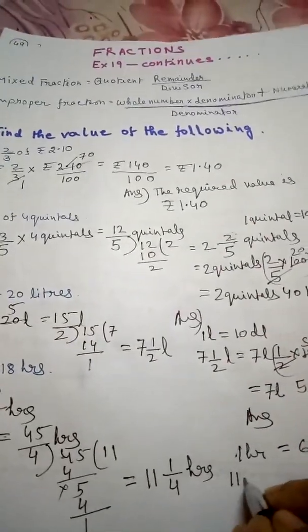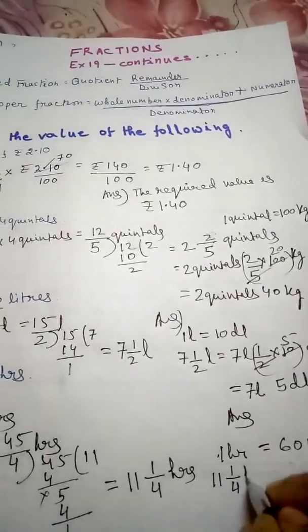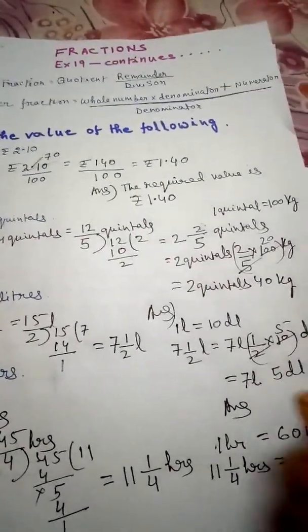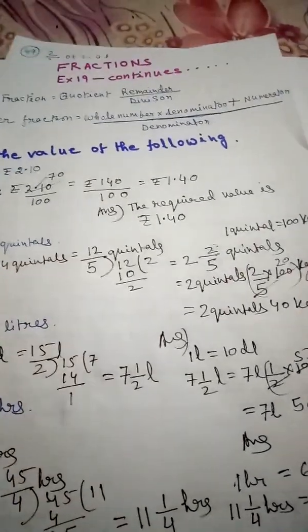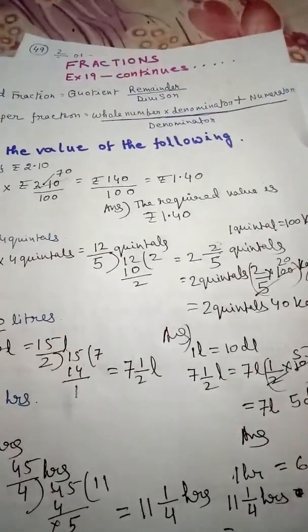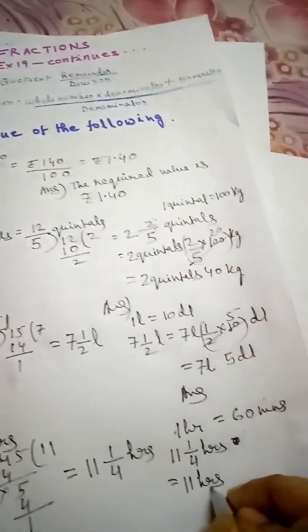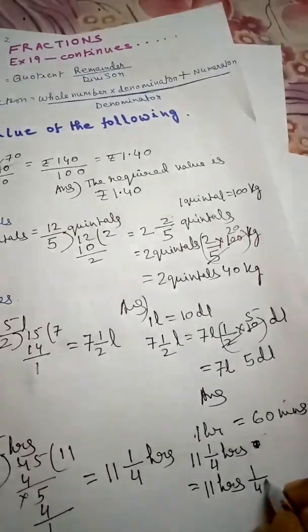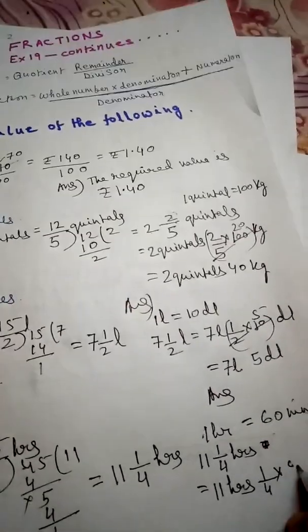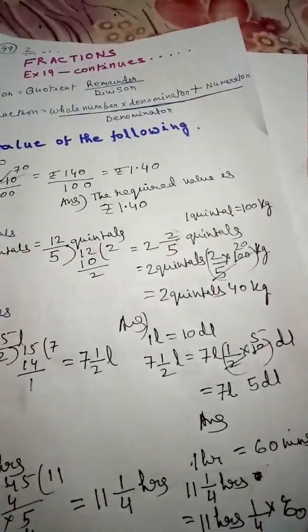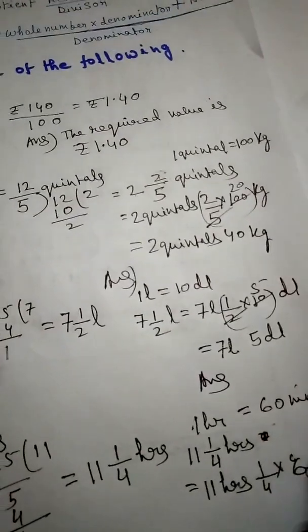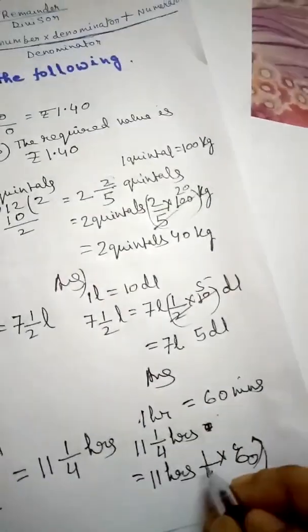So 11 whole number 1/4 hours equal to 11 hours, 1/4 into 60 minutes.